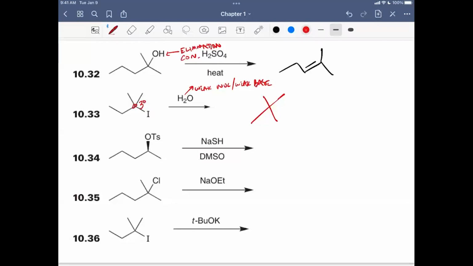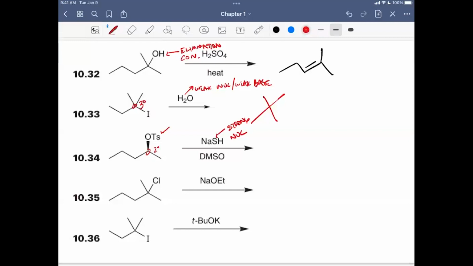For this one, we have a, let's see here, we have a strong nucleophile. And this is not a base, it's just a strong nucleophile. And we have a secondary, but since it's just a strong nucleophile and it's not a base at all, that SH is just a strong nucleophile, not a base.